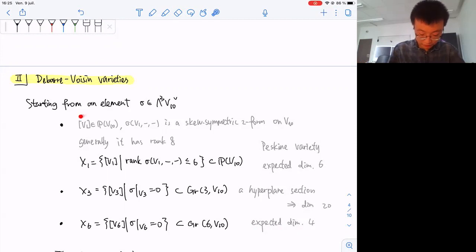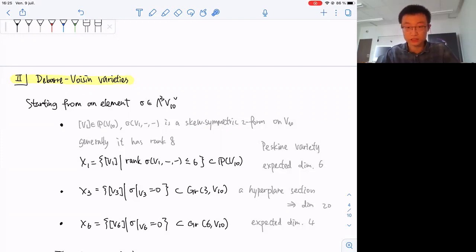And finally, I explain the construction of this variety X1 here. This is a bit more complicated. So if I take the projective space P9, each element is just a one-dimensional subspace V1, and I contract it with the 3-form, then I get a skew-symmetric 2-form on V10. So now the one-dimensional vector space V1 is always going to be in the kernel of this form.